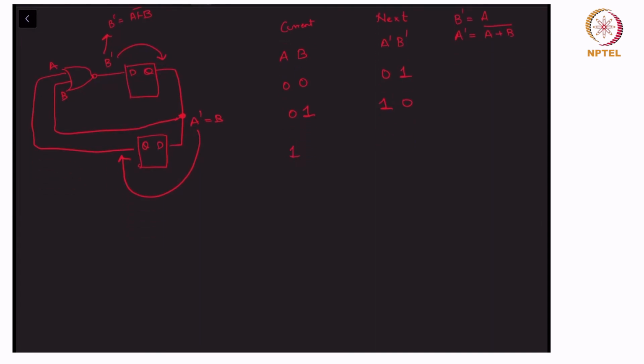And then for the current state 1 0, the next state is going to be 0 0, right? Now we are back to the initial state.